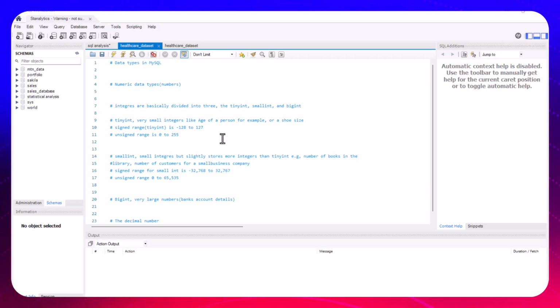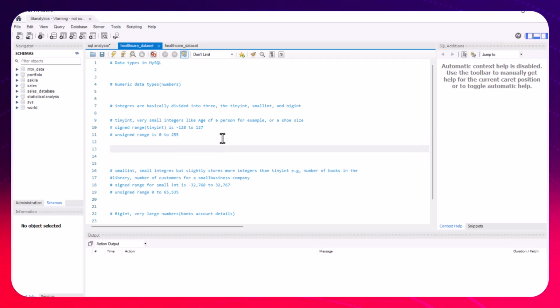So now let's write the examples down. For example, a shoe size, which can be like size 42. We also realize that integers don't store decimal points.